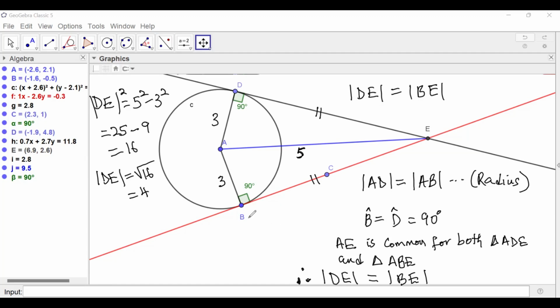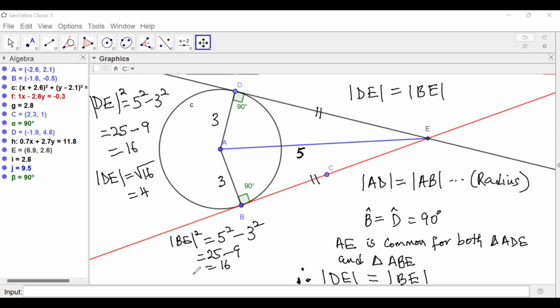So if I am looking for the side BE, using Pythagoras also, how do I find it? It's going to be BE, that's the square of the hypotenuse minus the square of this opposite, and that gives me 25 again minus 9.